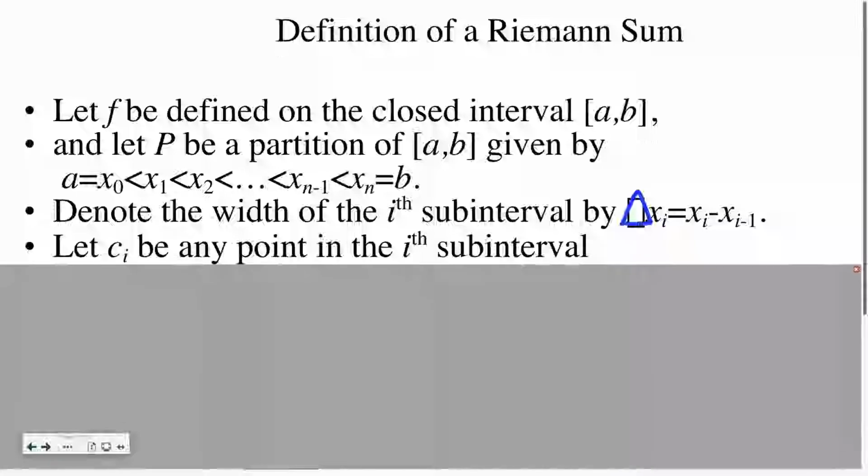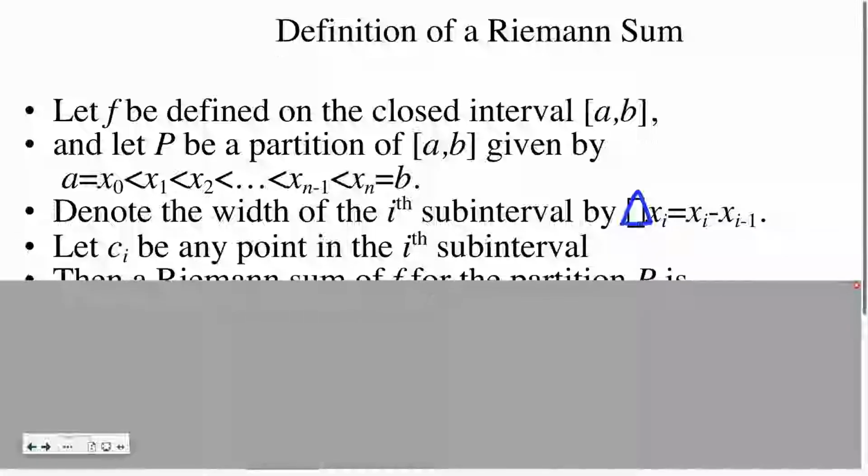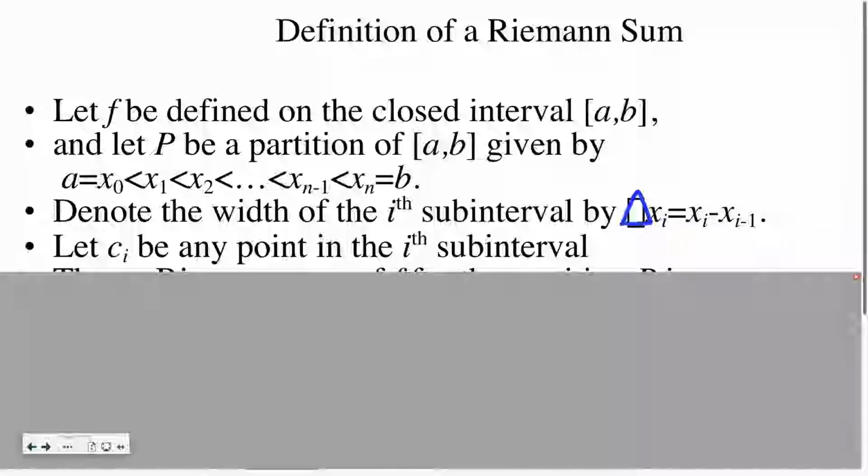So our width of each subinterval is delta x. And c is just any point on the interval. I know that there's a lot of notation happening here, but I'm trying to talk simple for you. We have n rectangles, and they have width delta x. That's really what we need to be concerned with.